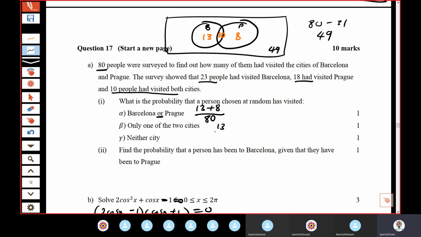So 13 on 80, or, which means plus 8 out of 80. Oh wait, whoa, hold on. That gives me the same answer as above. Hold on. Only one of the two cities. Sorry. Let me think about it. Isn't it the 10? No, that's combined. That's them together.